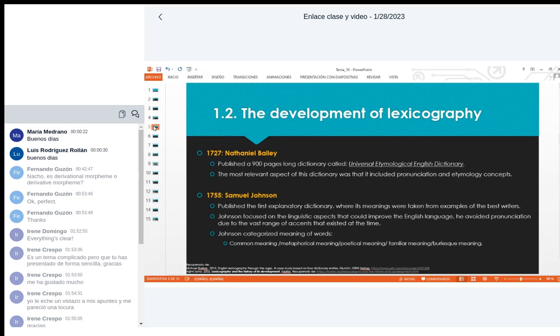If we look at the evolution of English, we should also be looking at the evolution from Old English to modern English.